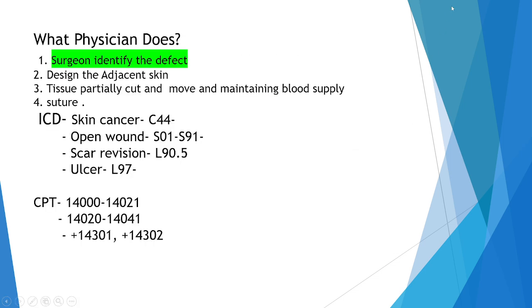Okay, why is the ATT procedure done? What will a physician do in the ATT procedure? The surgeon will identify the defect. After the identification of the defect, he will design the adjacent tissue, adjacent skin. After designing the adjacent skin, he will partially cut the tissue, move it and maintain the blood supply, and the suture is applied in order to prevent infection.